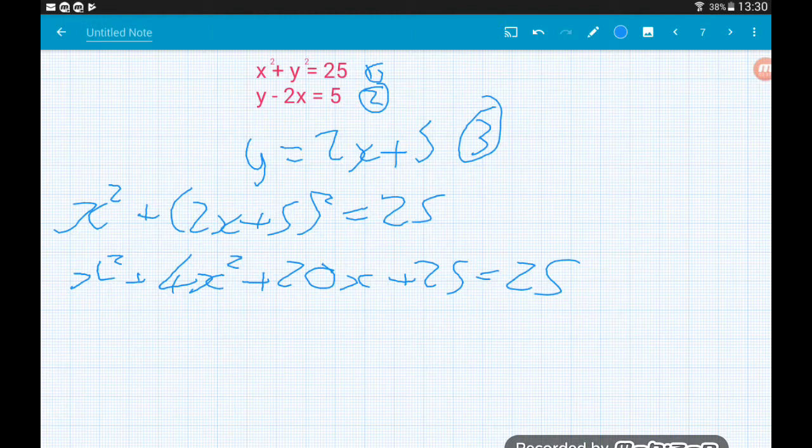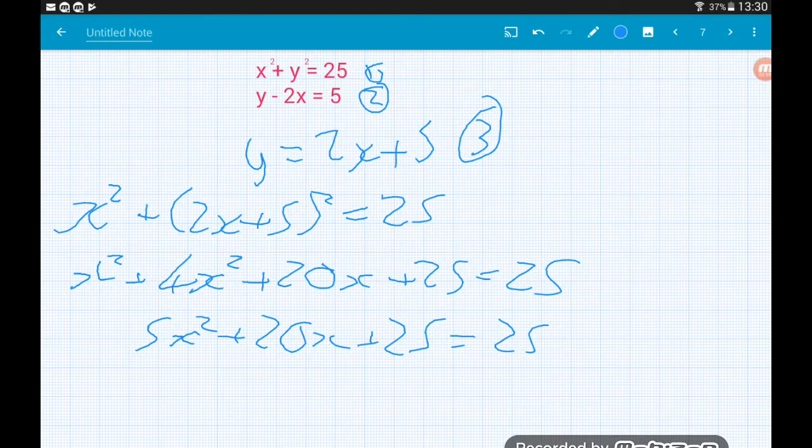If you're at all shaky with doing that expansion, check out my video on quadratic expansions. Now if we simplify this, we've got 1x squared and 4x squared, so we've got 5x squared, add 20x, add 25 equals 25.